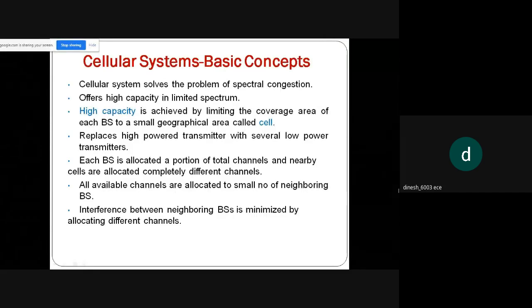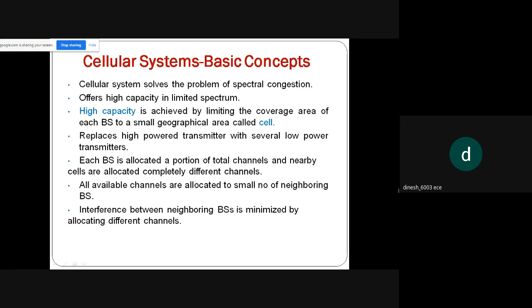If you are able to retrieve one signal at a time, it's very good. A receiver cannot acquire or decode multiple signals at a single time. This is called congestion.